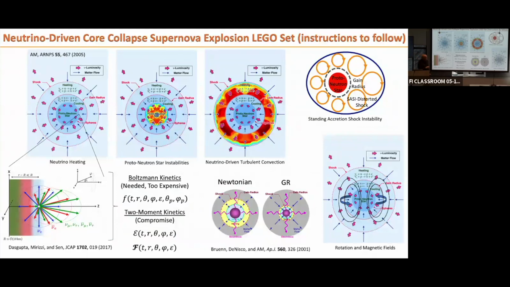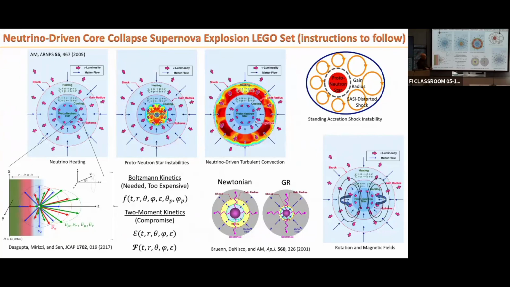And so most of the heating occurs at the base of the heating region, and convection then brings that energy up to the shock wave, where it can do work on the pre-shock material. So you have these instabilities, this neutrino-driven convection and the SASI, acting in multiple ways to facilitate shock revival by neutrinos and explosion.